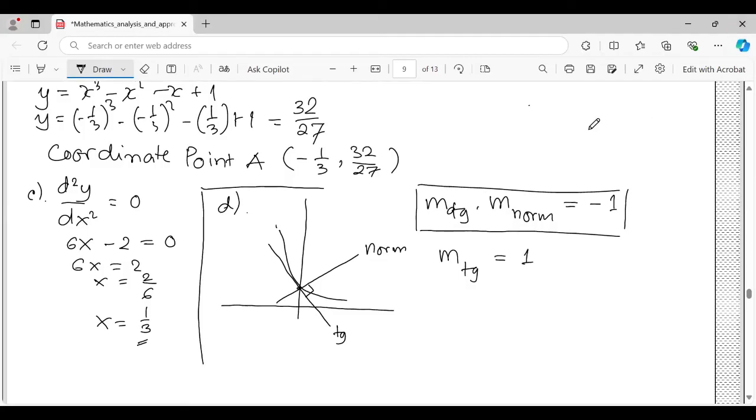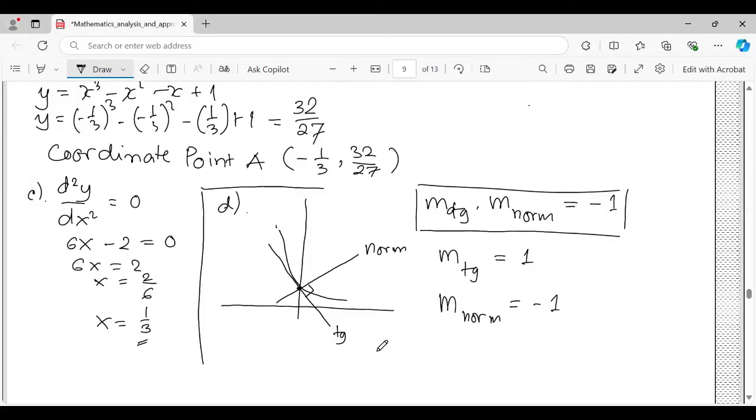Because look, this is 0, 1. X equals 0, y equals 1. So this tangent gradient equals 1, y over x. And the normal gradient equals minus 1 because 1 multiplied by minus 1 equals minus 1.